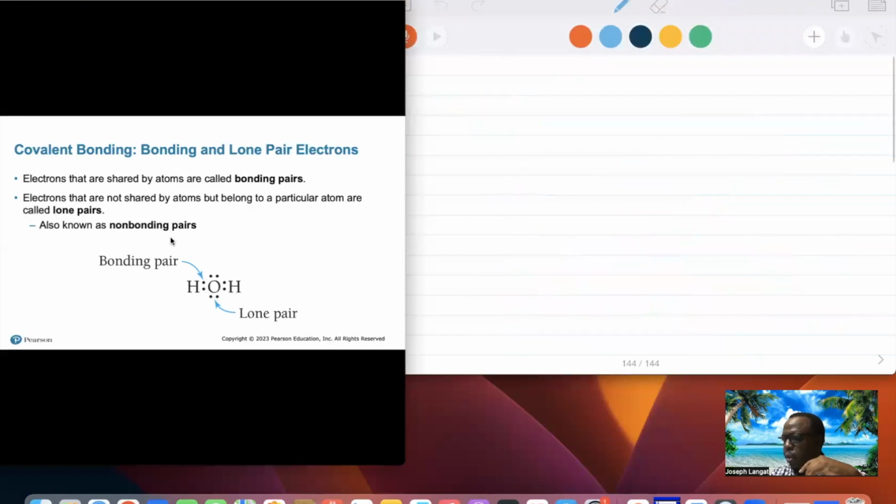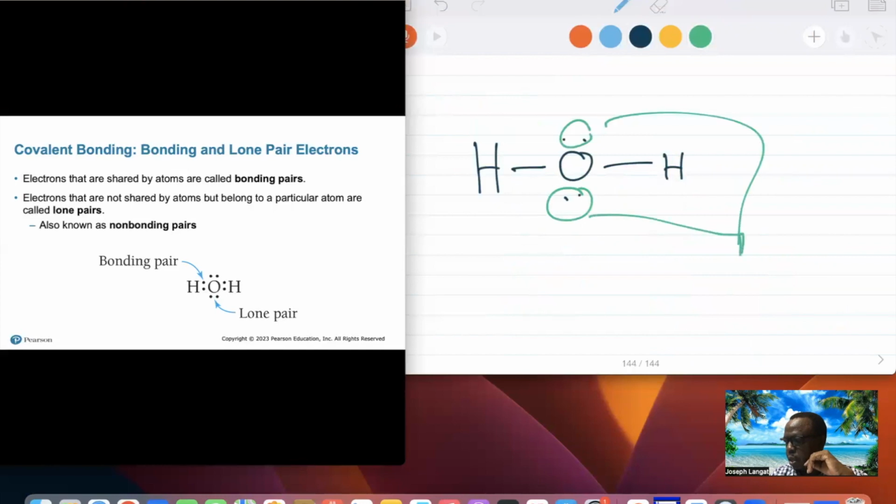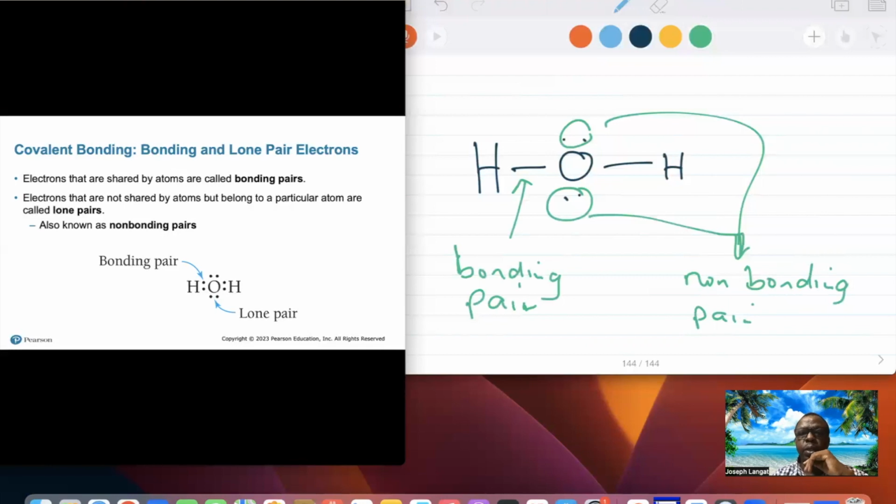So for the water molecule, H dash O dash H, you can see clearly the non-bonding pairs. These two right here and this one do not participate in the formation of a chemical bond. And here we have the bonding pair. There are 2 electrons in every line.